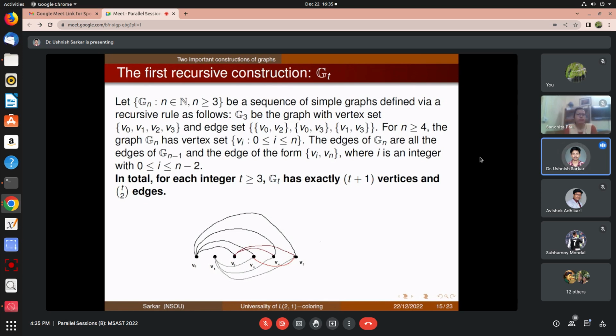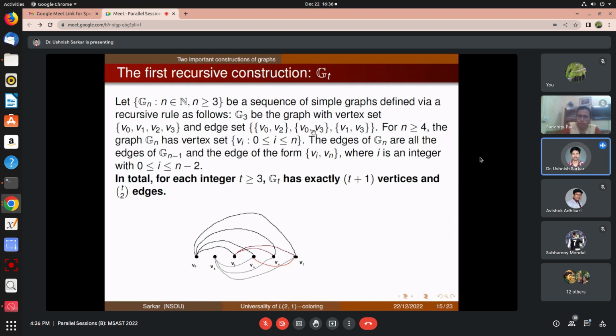Here, we are giving a recursive construction of a family of graphs. Let's talk about first G3. Actually, we are starting our recursion from n equals 3. In G3, we are taking 4 vertices, V0, V1, V2, V3. The edge set is: from V0 to V2, I am assigning an edge.